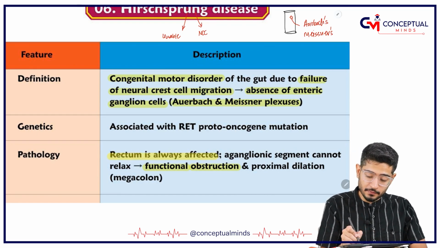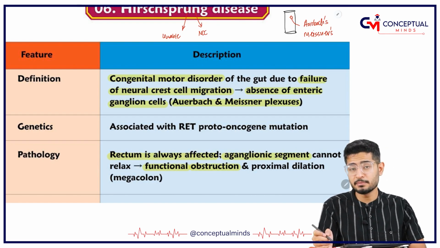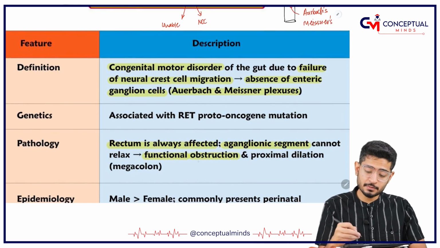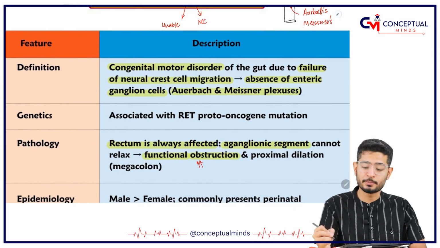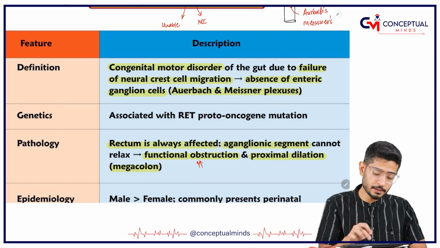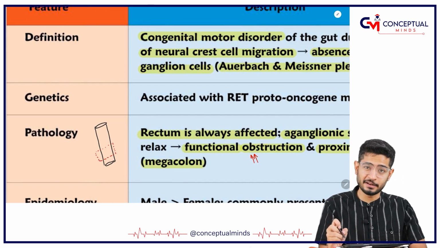So rectum is always affected, okay, and the aganglionic segment is unable to relax properly. That's why there is a functional obstruction, and of course there will be proximal dilatation, that is called as megacolon. Let me just show you this. For example, this is the normal lumen of the colon, and supposedly this entire segment goes aganglionic.